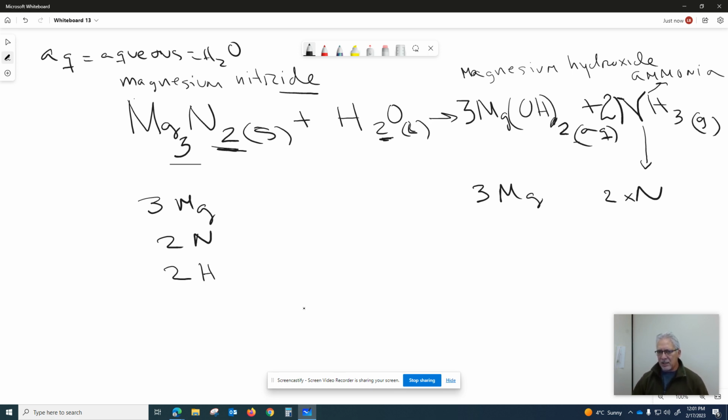So we had 6 hydrogen on this magnesium hydroxide, and 2 times 3, 6 hydrogen on ammonia. In total, we had 12 hydrogen on the right.